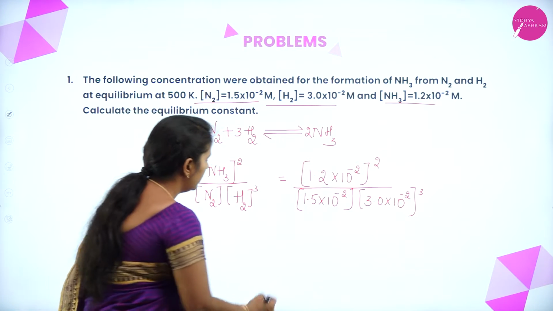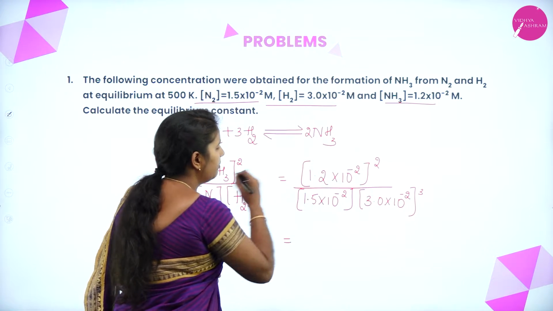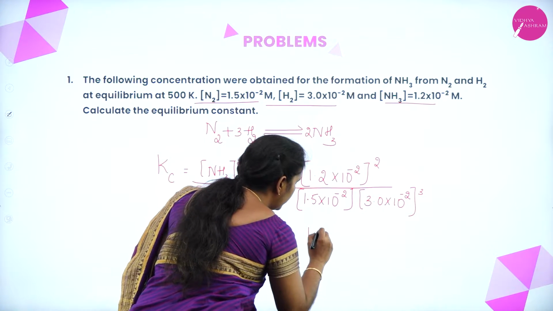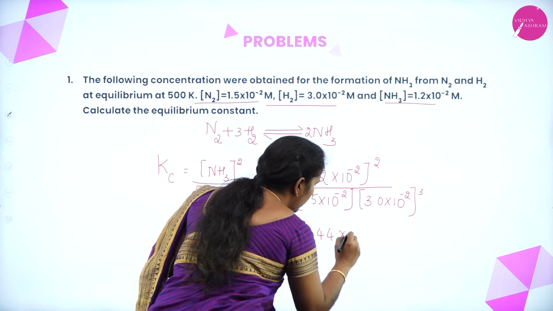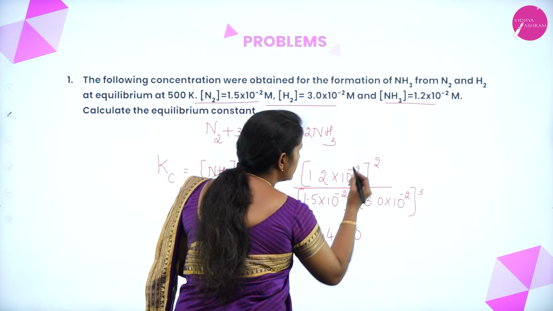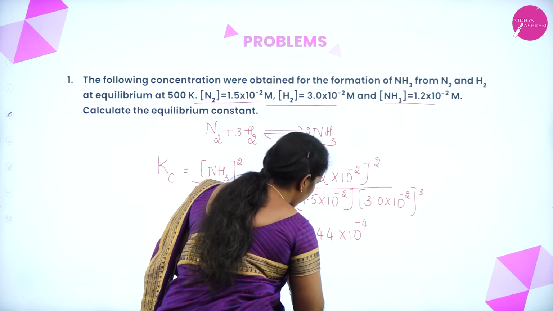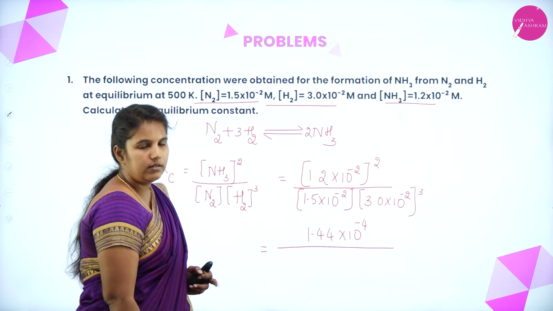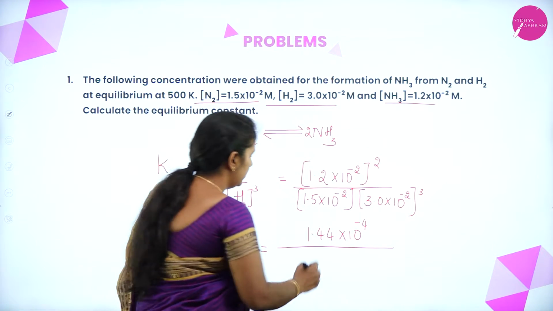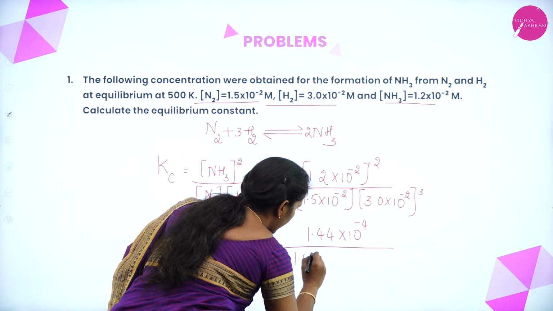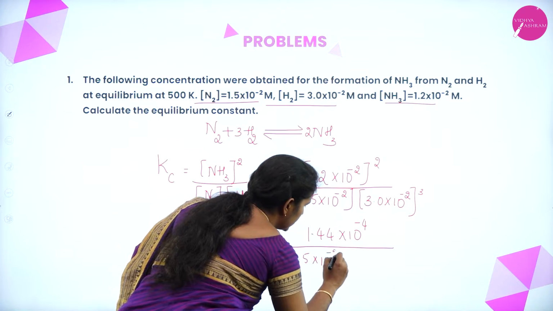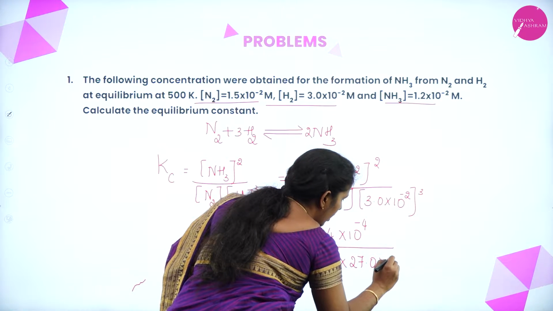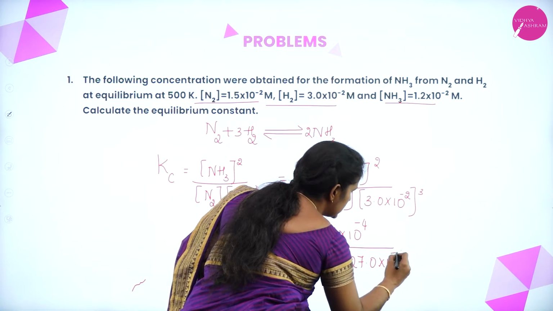Now, if you multiply 1.2 into 1.2, you will get 1.44 into 10 to the power of, 2 2s are 4, so it is minus 4, divided by 3 3s are, it is nothing but 27. So it is 1.5 into 10 to the power of minus 2 into 27.0 into 10 to the power of, 3 2s are 6.